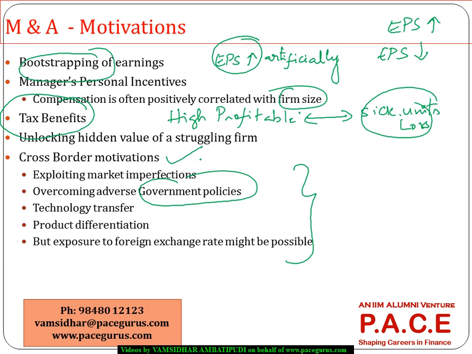We can exploit the imperfections in the exchange rates or any other things across the countries. All these things become strong motivation, but of course you have to be vigilant that this can even increase the foreign exchange risk of the company also. So these are some of the key motivations behind the mergers and acquisitions activity.